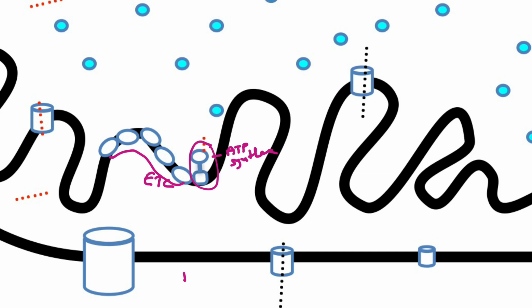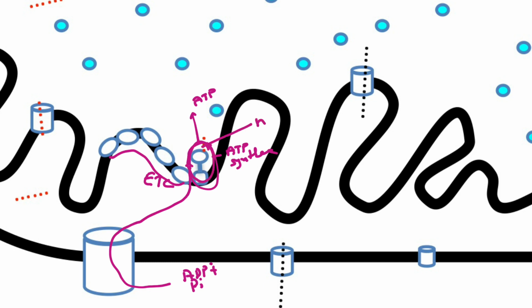So basically ADP and Pi, the raw materials, where Pi is inorganic phosphate, enter the mitochondria, and then are converted into ATP by ATP synthase.